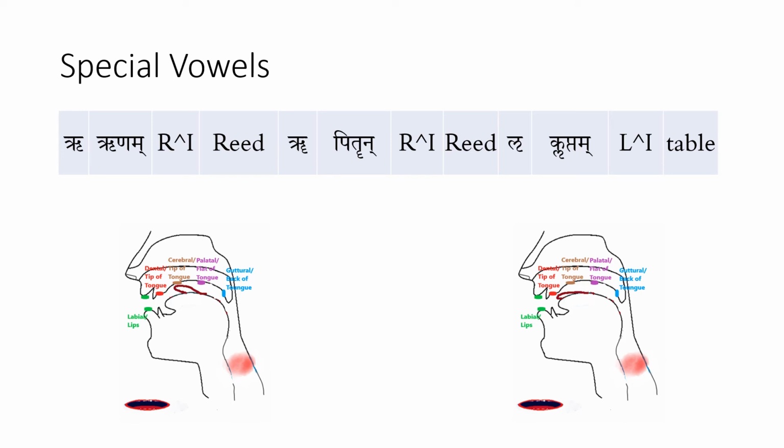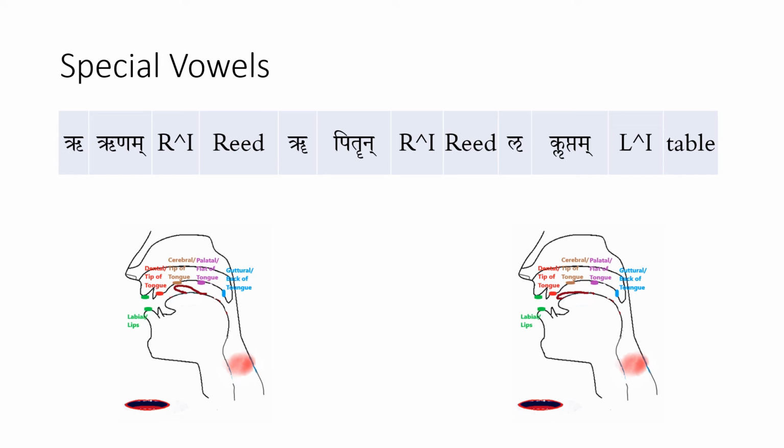So here the Sanskrit example word is kliptam. It is not kliptam. Kliptam, there is no touch there. And it is somewhat like the English word table, at the end, table. There is no full touch of the tongue to the back of the front teeth, but it's almost there.